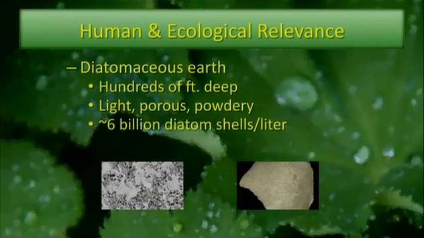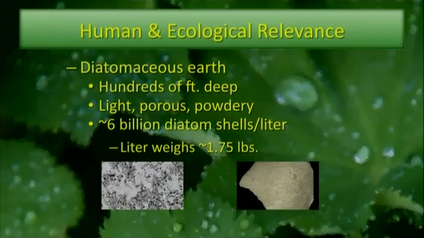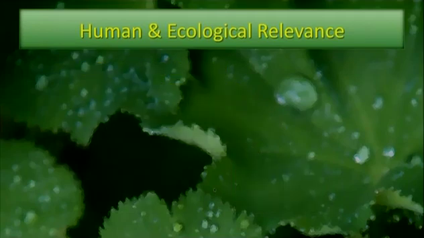There are approximately 6 billion diatom shells per liter, and the liter weighs only 1 3/4 pounds. These diatom shells also have a high melting point at 3,982 degrees Fahrenheit, and they're insoluble in most acids.